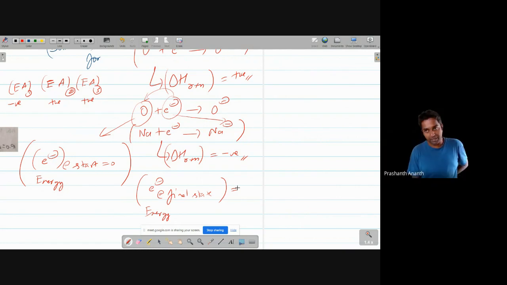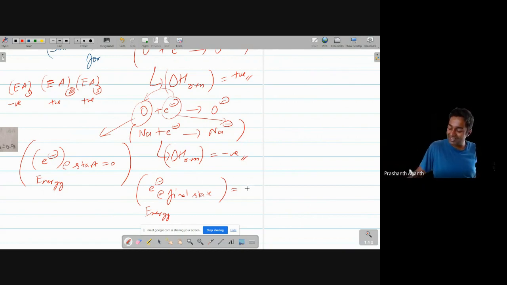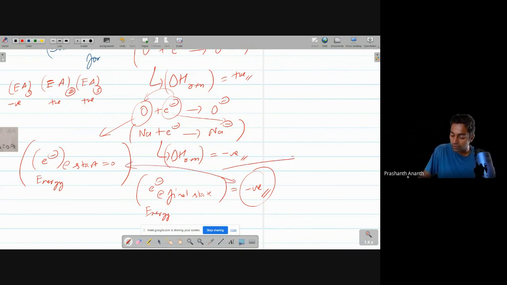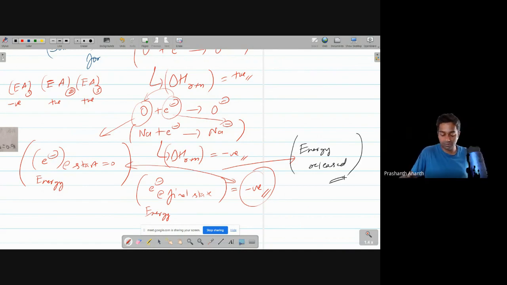Attraction is keeping it inside, no? Attractions are greater. Is it positive or negative? It has gone to a lower energy state. That is basically what is going to be the energy released. You understand the funda here? Oh, okay, yes. So this is exactly what happens.